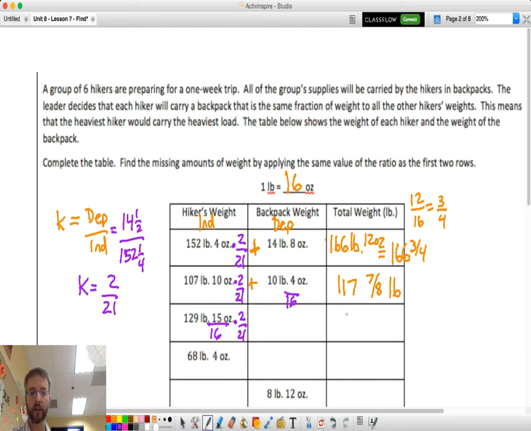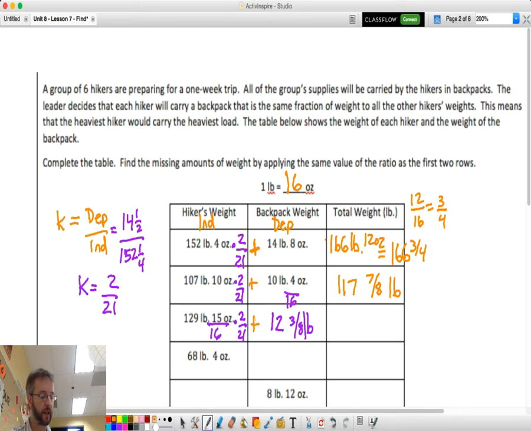I get 12 3/8 pounds. So now I'm going to have to add 12 3/8 pounds to this weight, and we'll go ahead and calculate the total weight of the backpack.